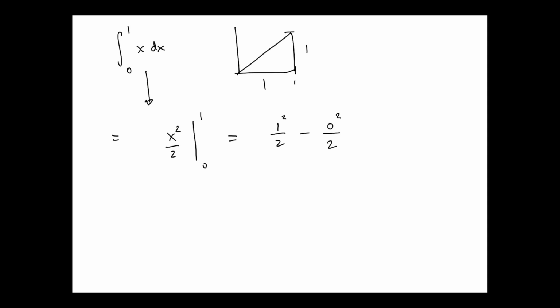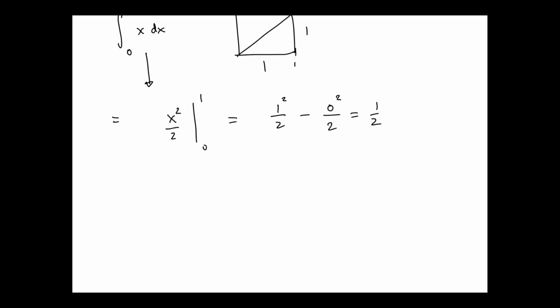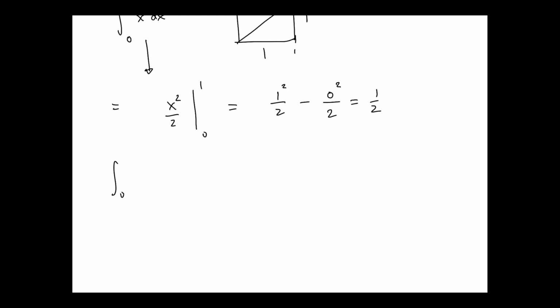Okay? And then just do the arithmetic and you get what you get. Now in this case, the arithmetic works out really easy, and sure enough, we get 1/2. No shocker, right? Because we already knew that the area was 1/2 just by geometry. Okay, so does that make sense? Okay. So let's do another one that we've done before.